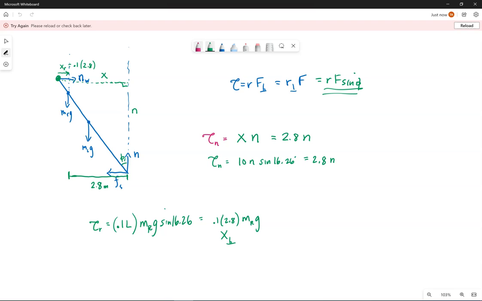One other case would be the torque due to friction here. If I extend out the friction force, I just need to extend it in whichever direction so that I can draw a line from the rotation axis that would intersect that force at a right angle specifically. The torque due to the force of friction would be that y distance times the force of static friction.